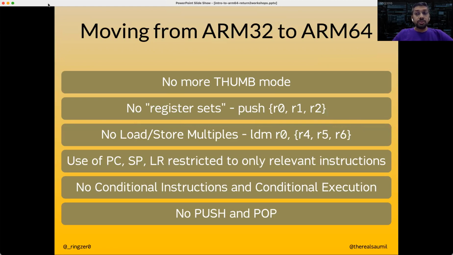Now in ARM32, you could step between thumb mode and ARM mode at will at any time in the process. In 64-bit space, you can't switch between 32 bits and 64 bits as you like. It does not work that way. Your process can either run entirely in 32-bit space, or it can run entirely in 64-bit space. There's no interworking, there's no switching back and forth.